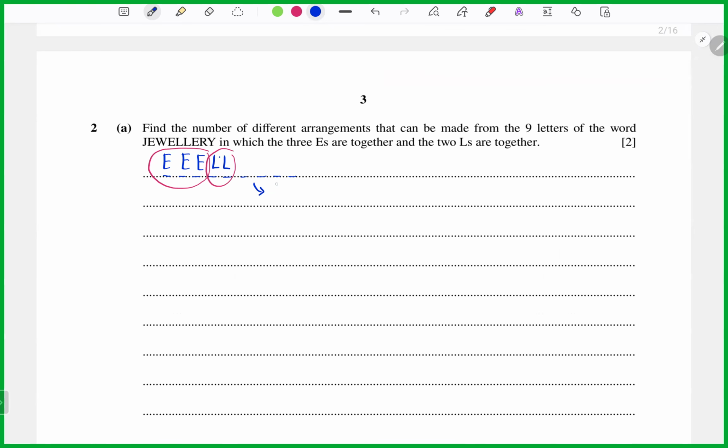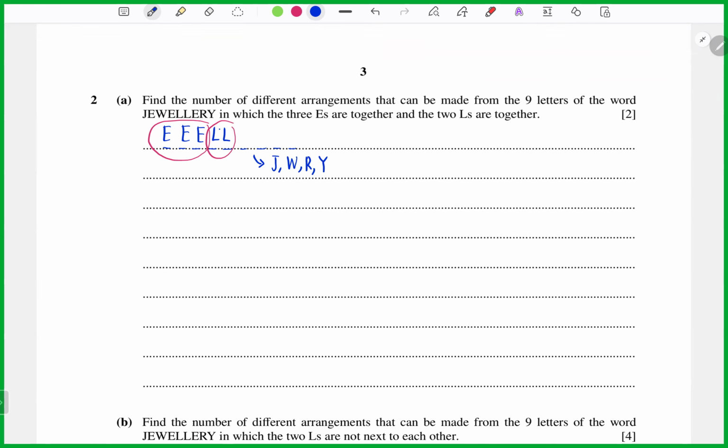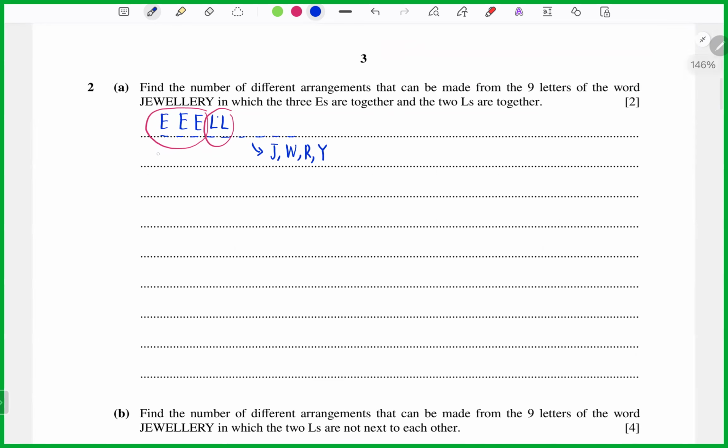So we can use J, W, R, Y, right? So you see, the E's are together. So we can consider the first, second, third, fourth, fifth and sixth positions here.